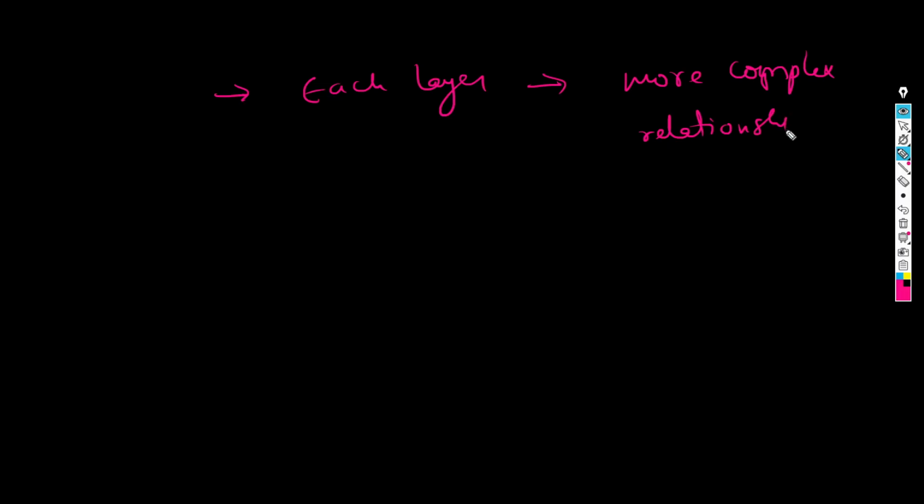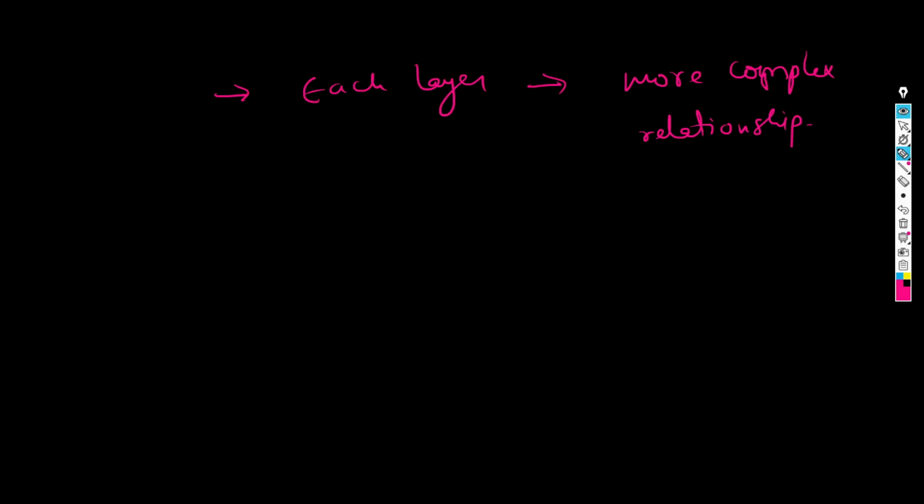What actually happens is that each layer captures more complex relationships. And that's why self-attention was important for us to understand the relationships.